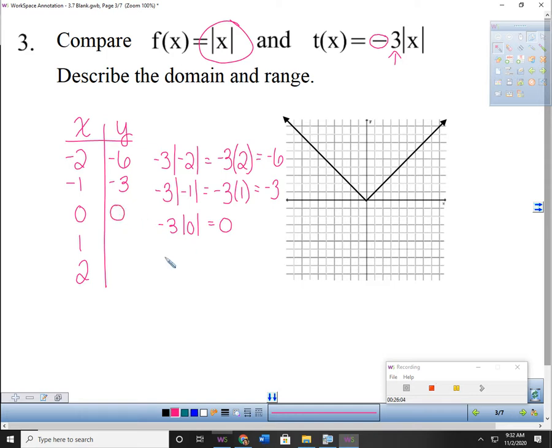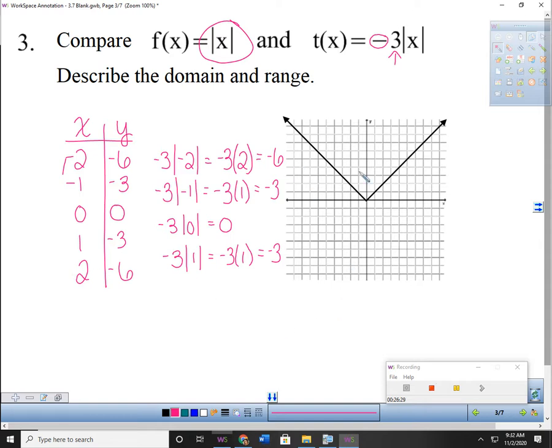Then I do the 1, so negative 3 times the absolute value of 1. What is the absolute value of 1? 1. So I have negative 3 times 1 is negative 3, and now you've turned, correct? So the next one will be negative 6, as long as you're equally distanced away, right? 2 spaces away, 2 spaces away.